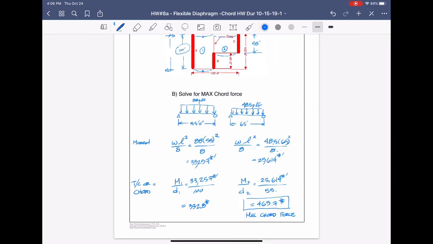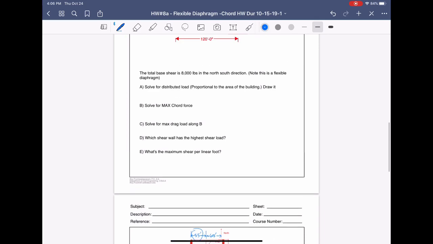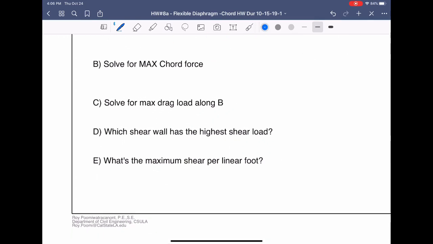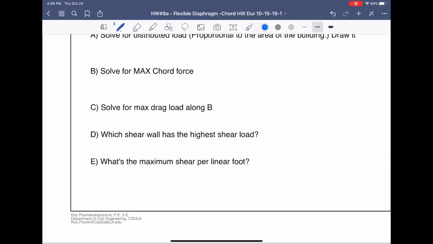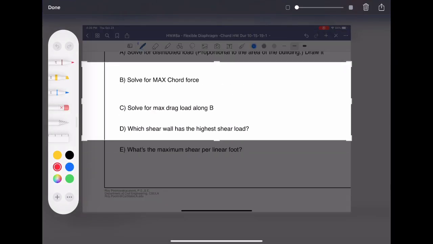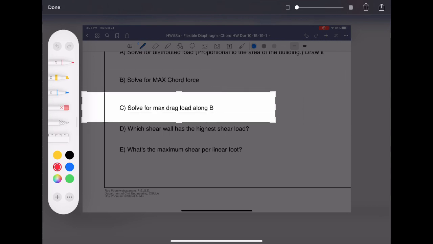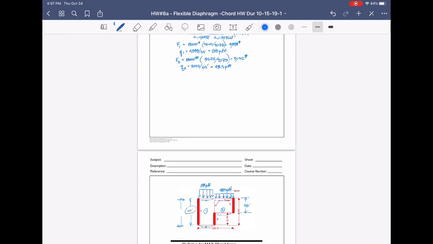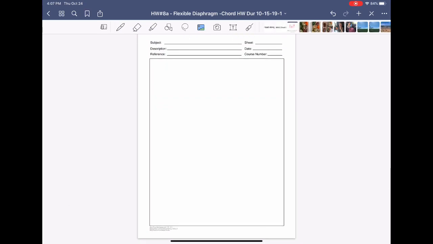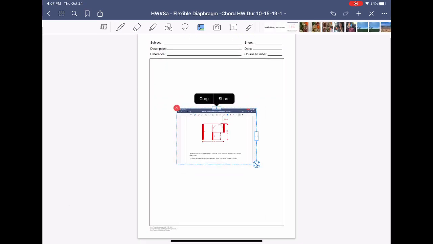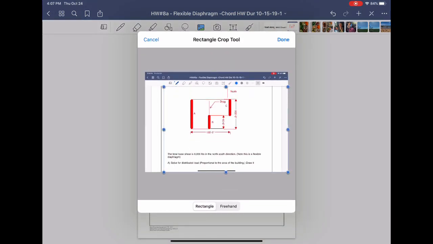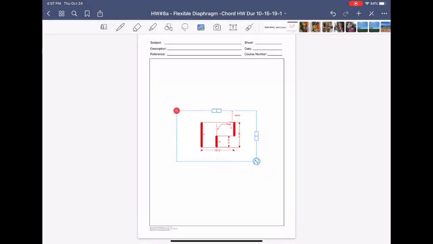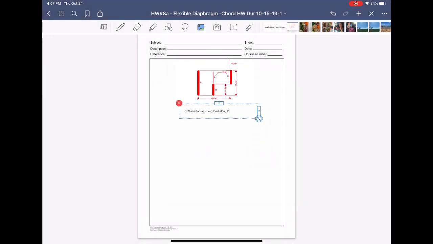Okay. Solve for max chord force, and that's it. So we're done with B. Solve for max drag along B. All right.